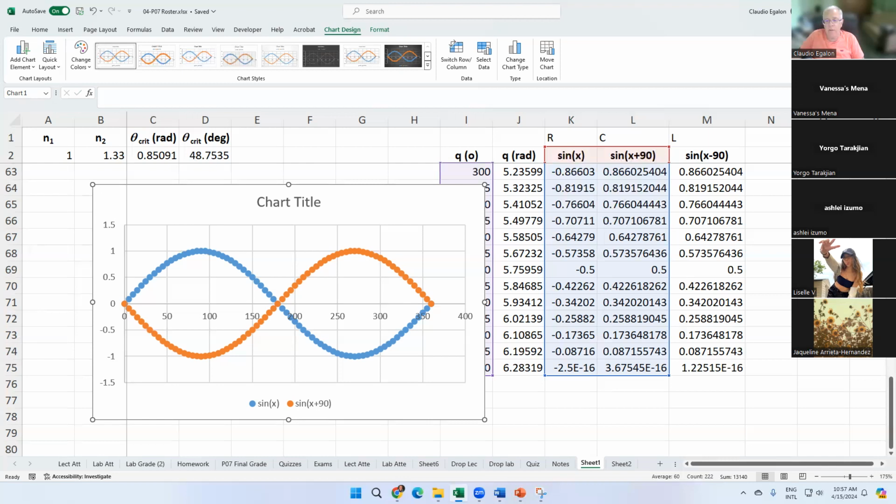Whether the current lags or leads the voltage is better visualized by the phasor diagram. So let's go back here. Am I sharing? Let me see. Can you see my screen, by the way? Am I sharing the screen with you?